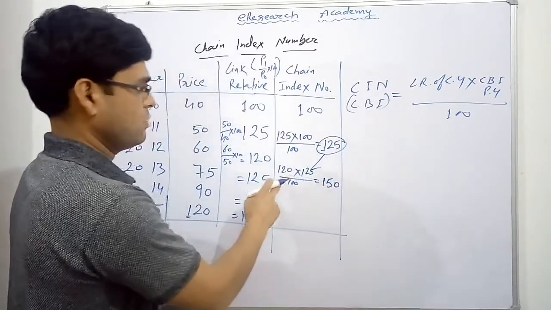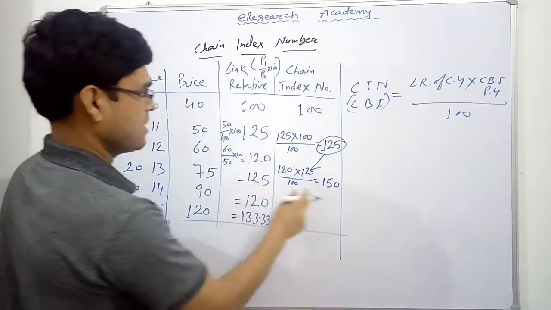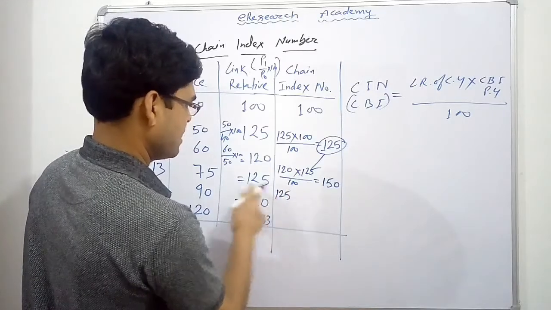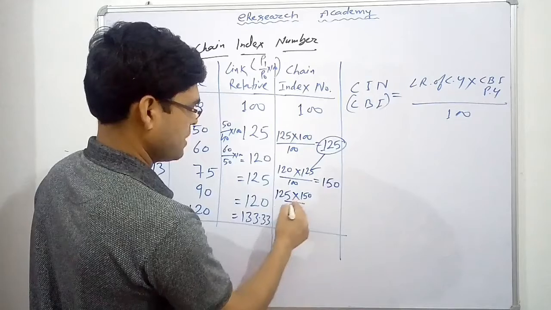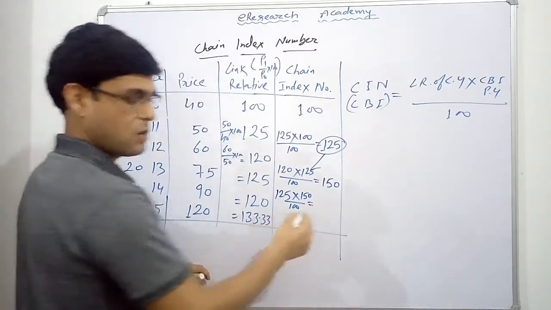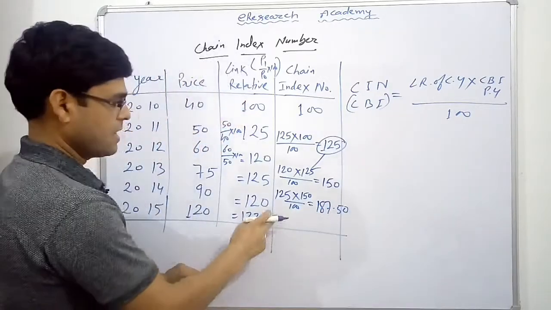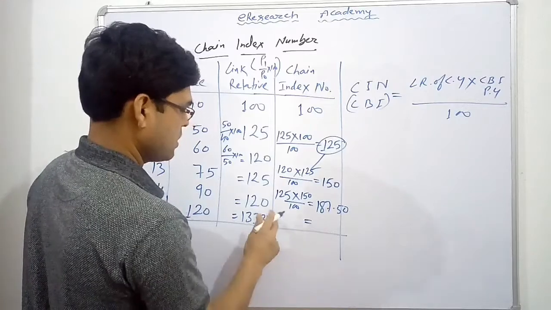Then this 150 shifts to the next year and is multiplied by 125, so 125 into 150 over 100 gives us 187.50.